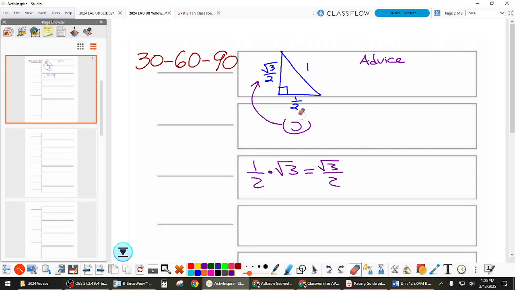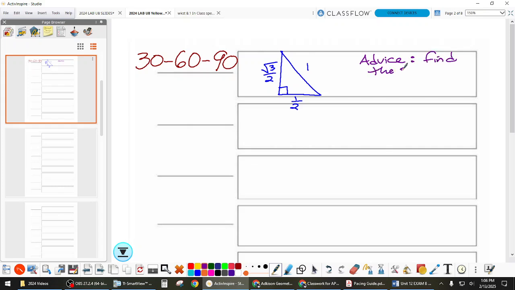Let's put that in here in a little bit more obvious way, like we did yesterday. Okay, so find the short side first. Okay, so you're going to have to help me communicate this to you in terms of wording, because I didn't do it right the first time.